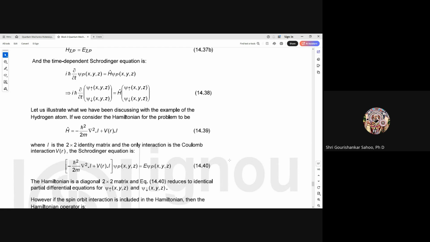And your H-cap is equal to minus h-cross squared by 2m del squared times I plus V(r), which is very similar to what we have obtained in the Schrodinger formulation of quantum mechanics.